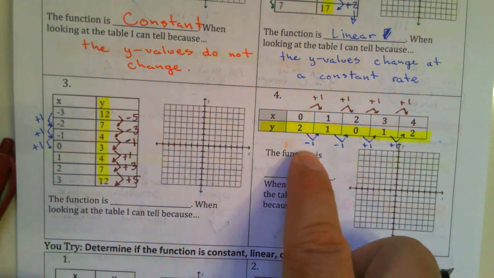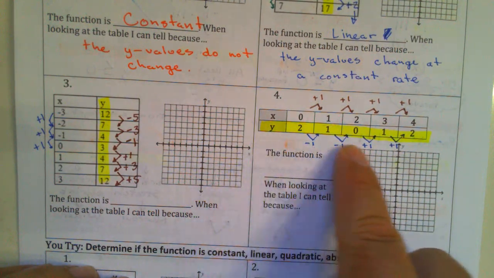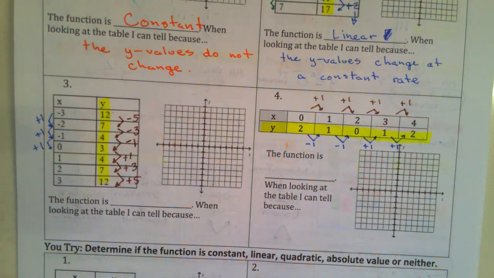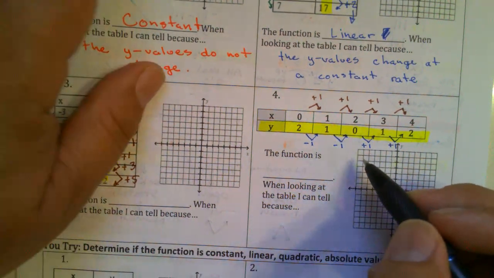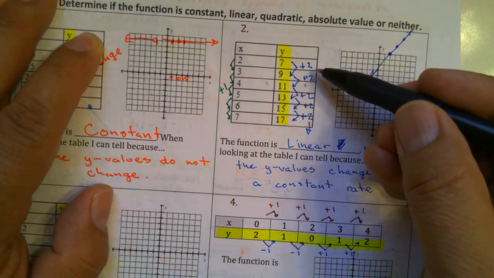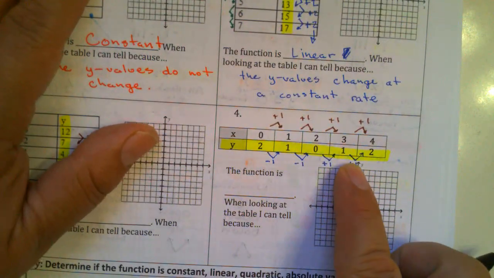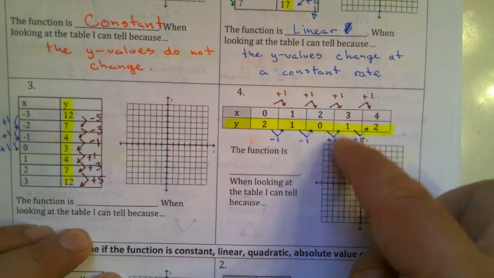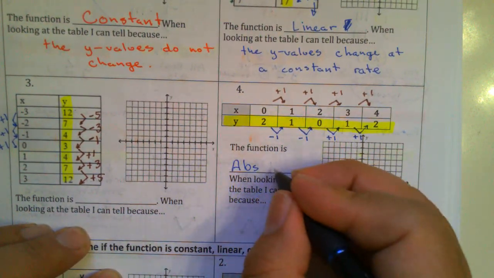But they're changing by the same value, right? 1, 1, 1, 1, but in opposite directions. So the question becomes, see this one right here looks a lot like this one, where it follows the same kind of number over and over and over, but in opposite directions. That is why this one right here is the absolute value.